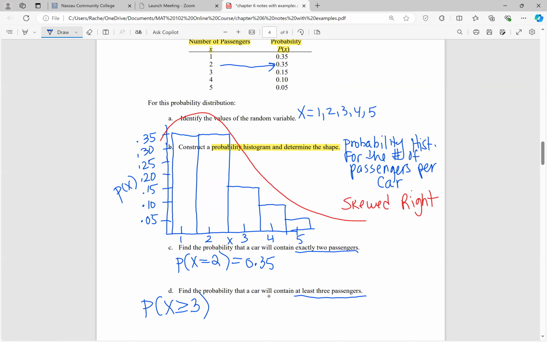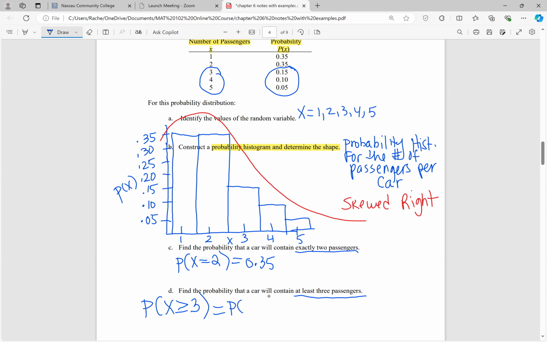If we look at the table, greater than or equal to 3 includes 3, right? And anything more. So on the table, that's the X values 3, 4, and 5. Those are all the values that are greater than or equal to 3. So we have to sum up their respective probabilities.